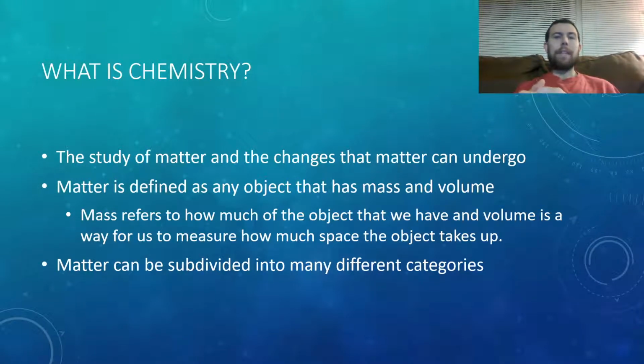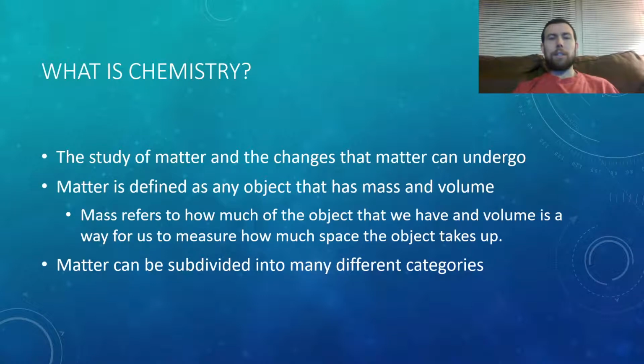And the really neat thing about matter, everything that we interact with, everything that we see and we observe, it's made up of matter. And matter undergoes certain types of changes. Sometimes those changes are physical in nature, so the substance still remains the same. And sometimes they can be chemical in nature, where the substance gets transformed into a new substance. And so that's our introduction to what chemistry is.